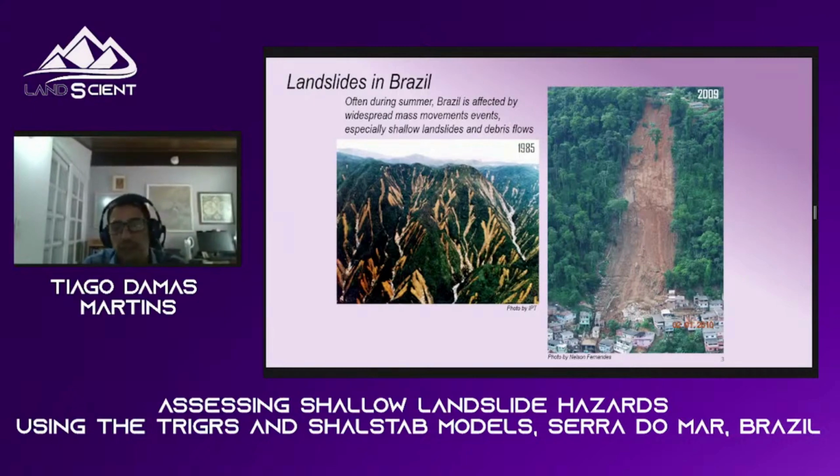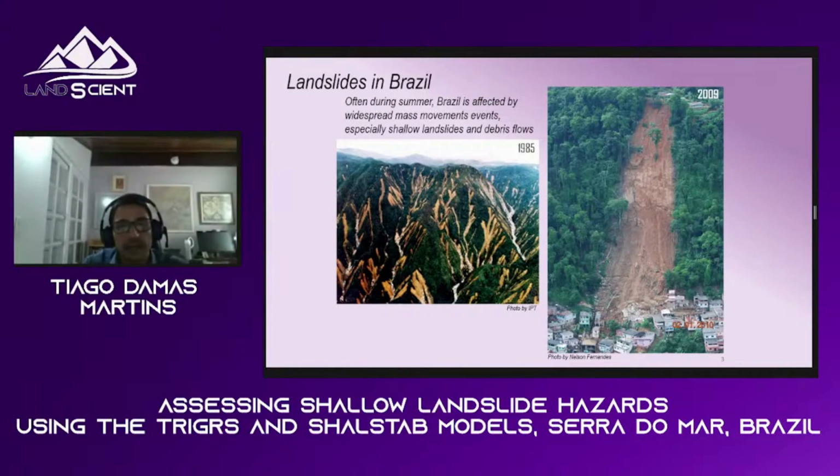December, January, and February are the worst months for these issues in Brazil, when we have a lot of registers of this kind of process being triggered by rainfall and reaching urban areas.